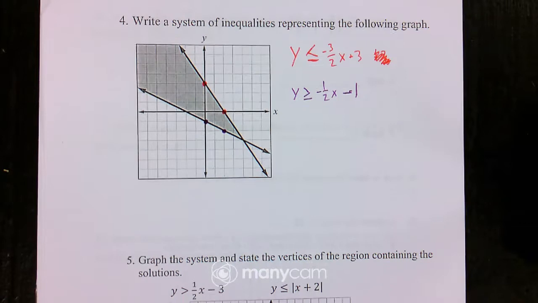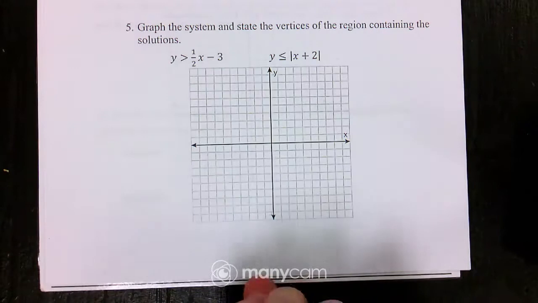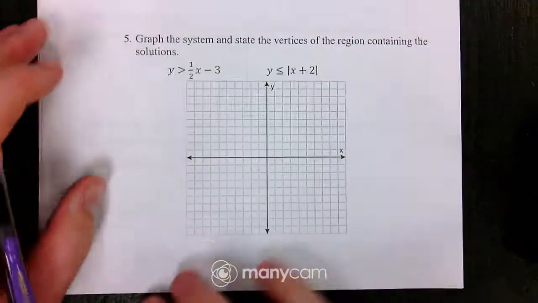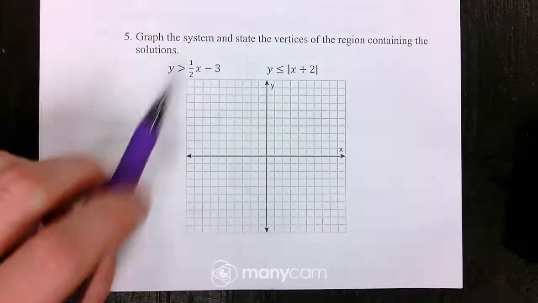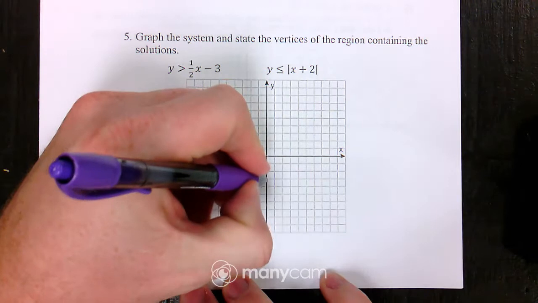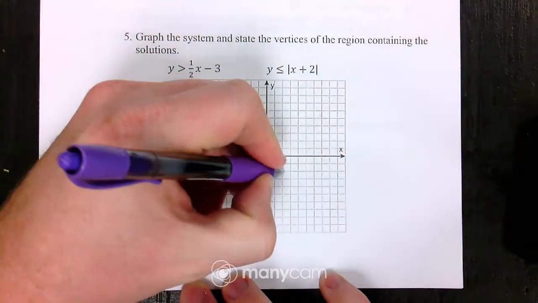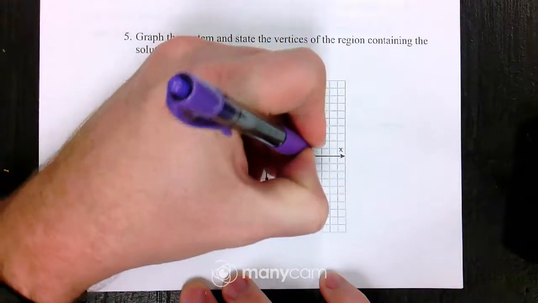Now let's do it the other way around. What happens if I give you the equation and you have to graph it? Well, sometimes we forget that when we have an absolute value, it's not a line, it's a V. Graph this line first because that's the easy one we all know how to do. Start at negative 3, with a slope of 1/2, you go up 1 over 2, and you can keep going up 1 and over 2 and you'll always get that same pattern.